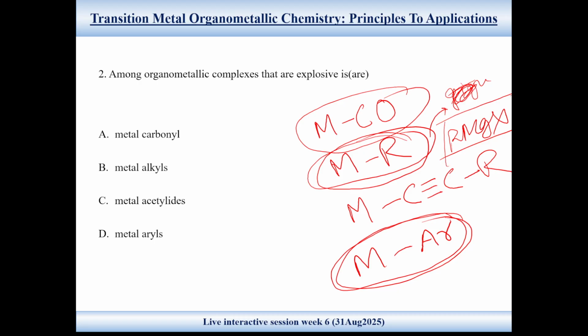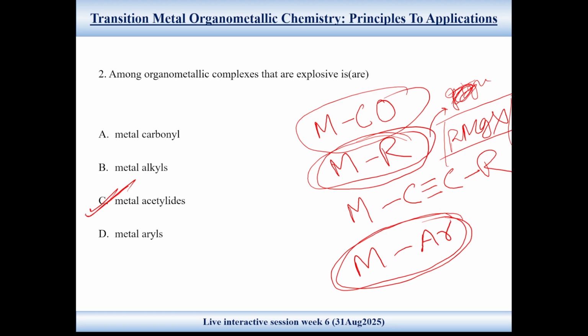So that means these complexes are not explosive. So the remaining one is metal acetylide complexes. Sometimes the metal acetylide complexes are explosive. So metal acetylide complexes will be the right answer for this question.